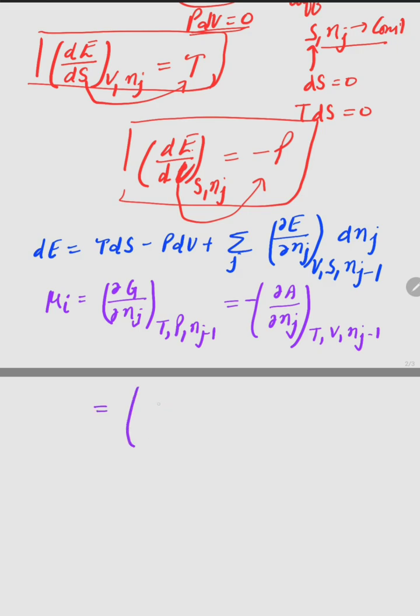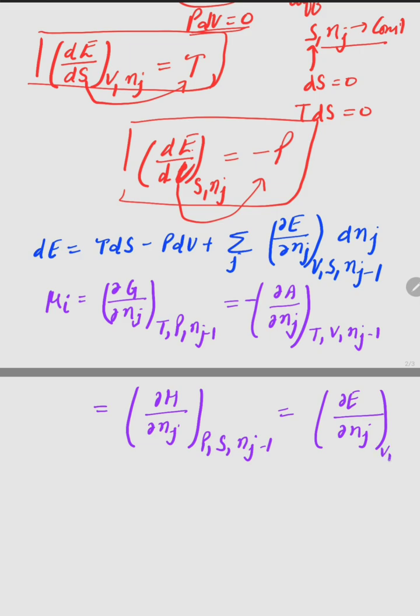This is also equal to the change in enthalpy with number of moles when pressure, entropy, and number of moles are kept constant. This is also equal to the change in internal energy with number of moles when volume, entropy, and the other j minus 1 numbers of moles are kept constant.